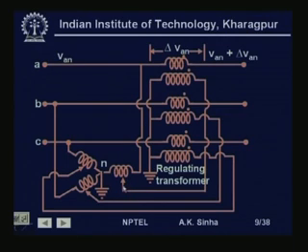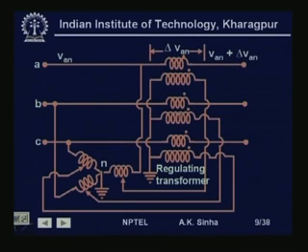So, whatever voltage we want between these 2 points will get injected here. This voltage can be added to the transmission line voltage in the same phase. Here this voltage is in the same phase as this voltage, and therefore, the voltage here is going to be the voltage at this point plus this voltage that we have added, because it is in phase.